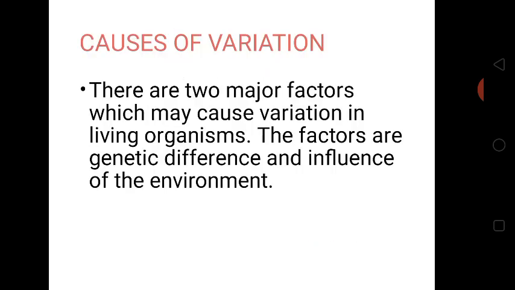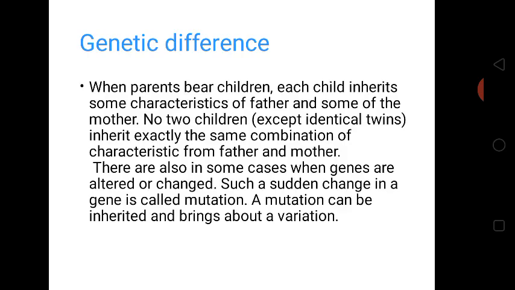Causes of variation. There are two major factors that may cause variation in living organisms. The factors are genetic difference and influence of the environment. Genetic difference. When parents bear children, each child inherits some characteristics of the father and some of the mother.